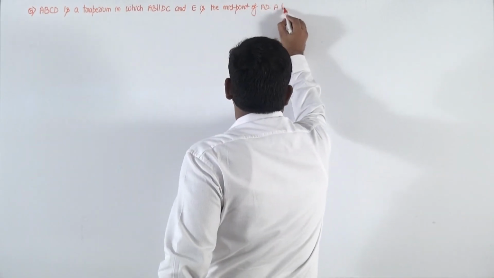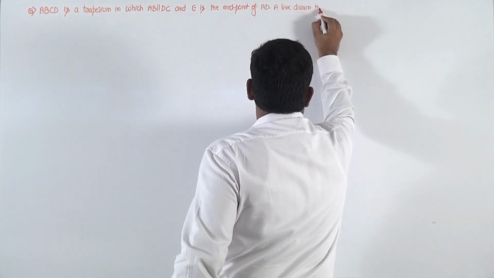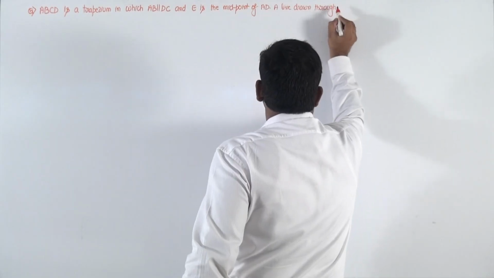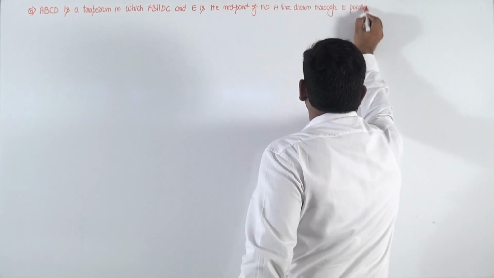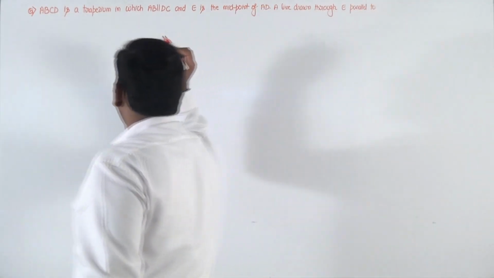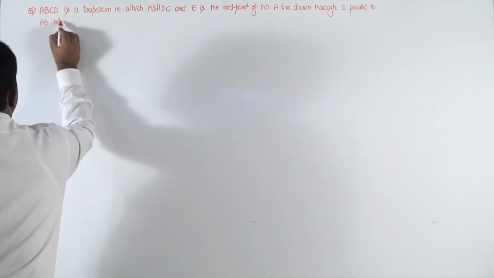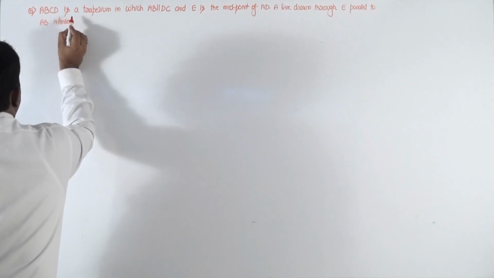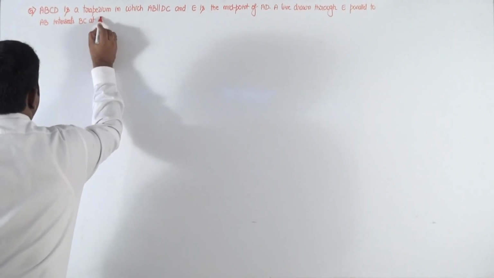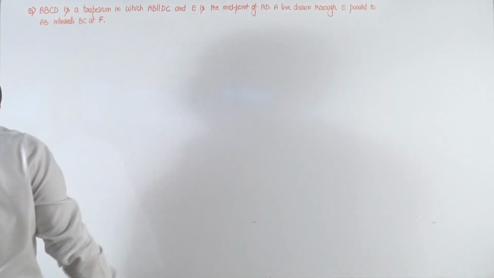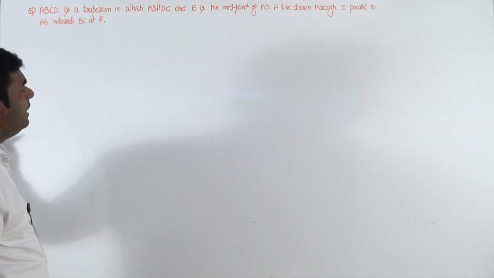A line drawn through E parallel to AB intersects BC at F. ABCD is a trapezium in which AB is parallel to DC.